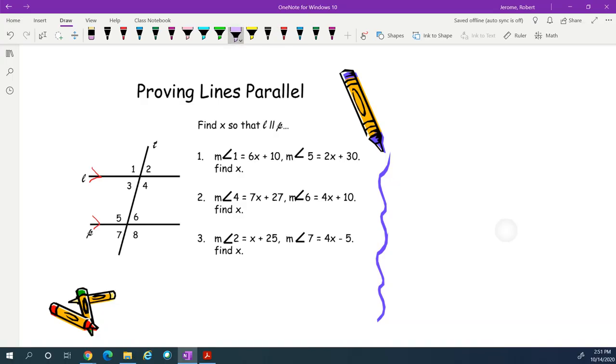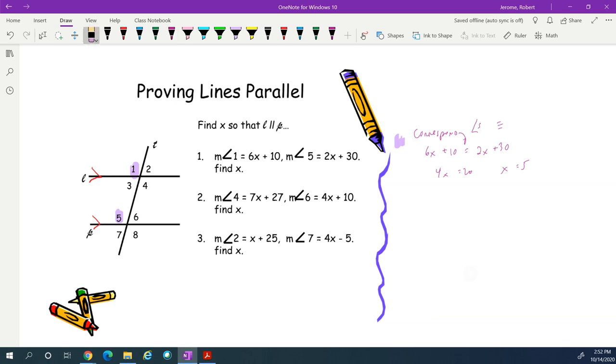We want them to be parallel, so treat them like they're parallel. Corresponding angles congruent. So 6x plus 10 equals 2x plus 30. And of course, we can solve for x with no issues. 4x equals 20, and x is 5.